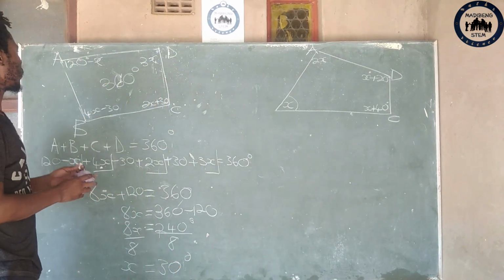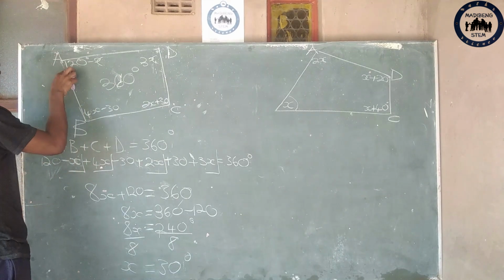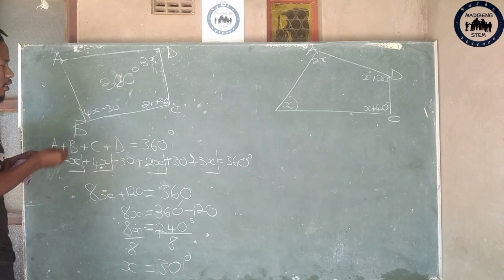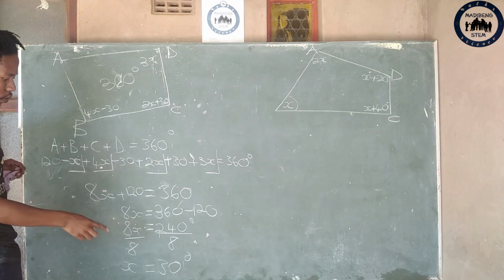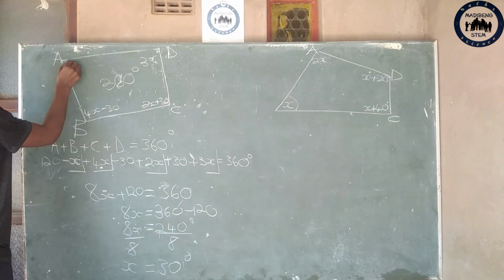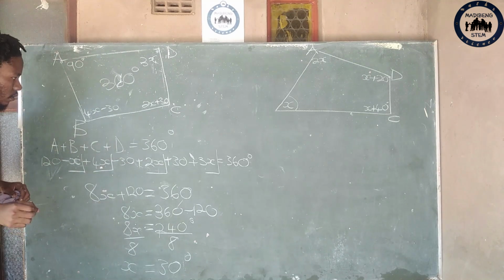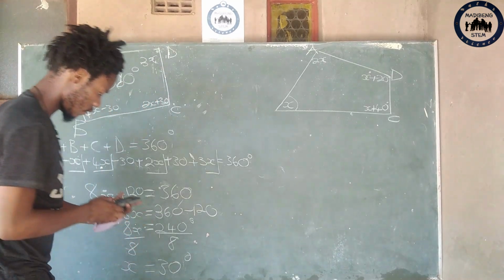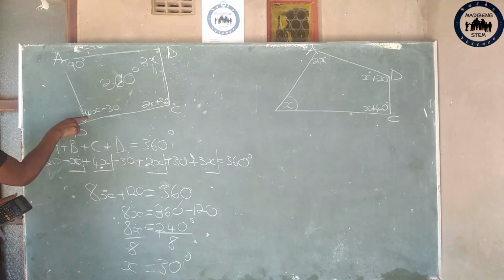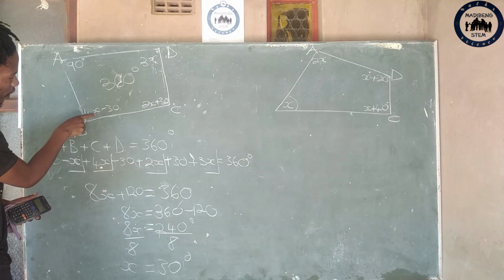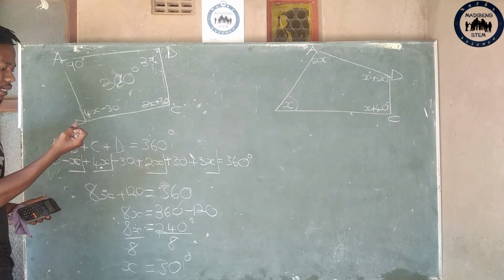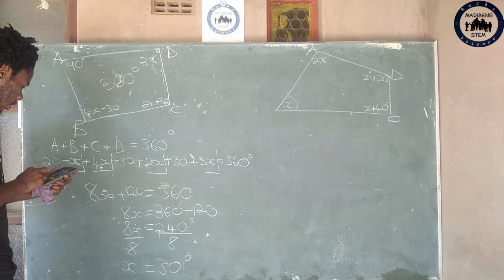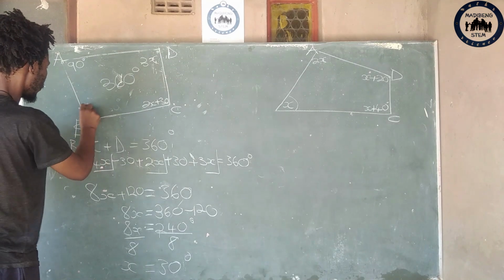So let's go ahead and check. We substitute, guys. 120 minus 30 is 90. Then 4 times x, which is 4 times 30, is 120. Then 120 minus 30 is 90, guys. This one is 90.